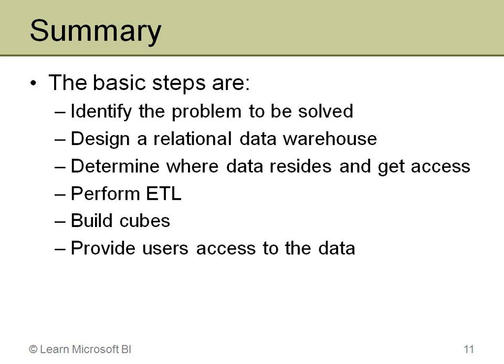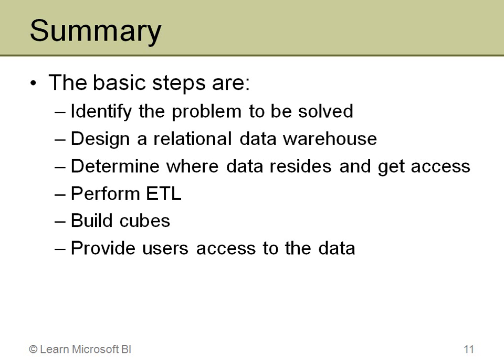Now, don't misunderstand, the design of that relational warehouse is going to change probably quite a bit throughout the process, but it shouldn't change as far as the overall dimensions and measures. You'll probably add more measures and you'll modify the dimensions slightly, adding new attributes and things like that.